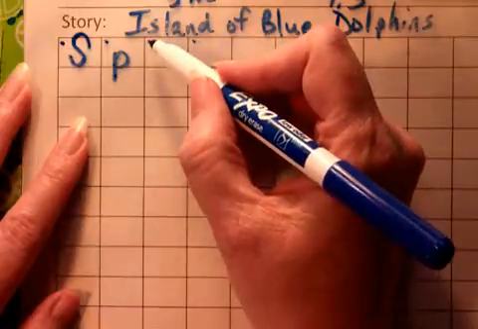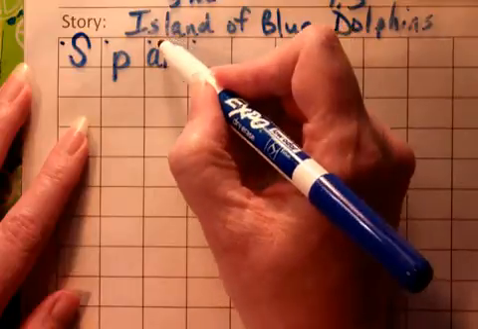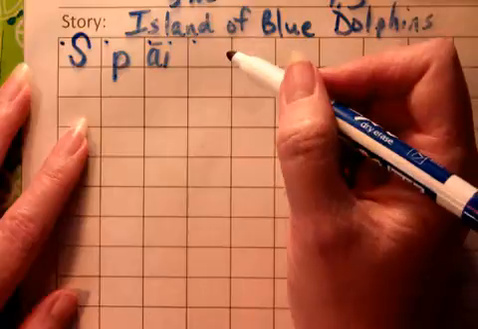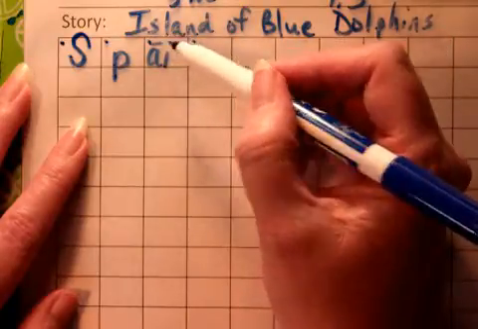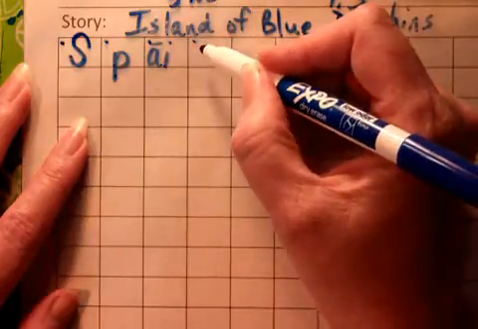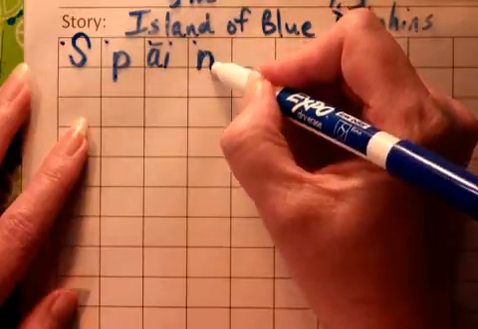The next sound is A. How you spell the A sound in this one is A-I. We put the long mark or the macron on top of the A so we know which one of the vowels is making a sound and what the sound is. The long A. The last sound is N. My tongue is up, my lips are open. It's the N. Spain.